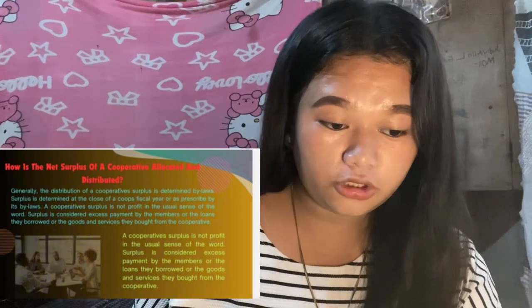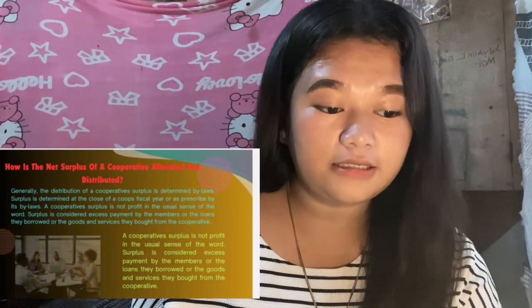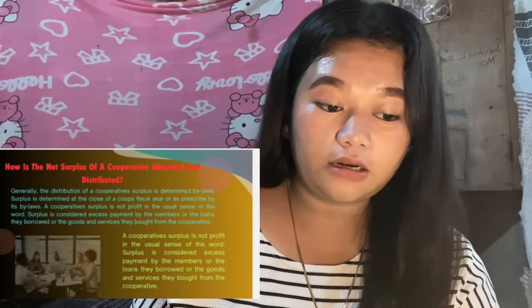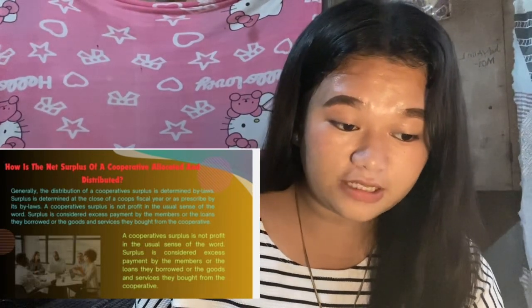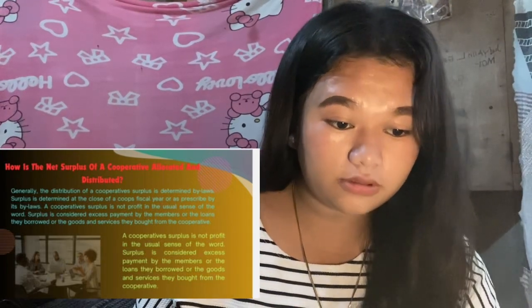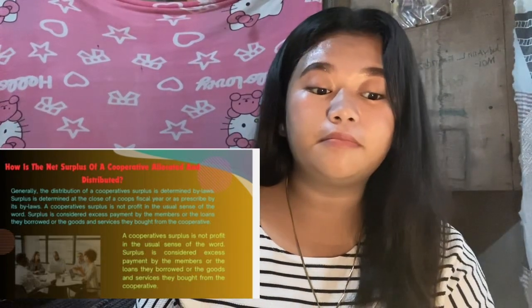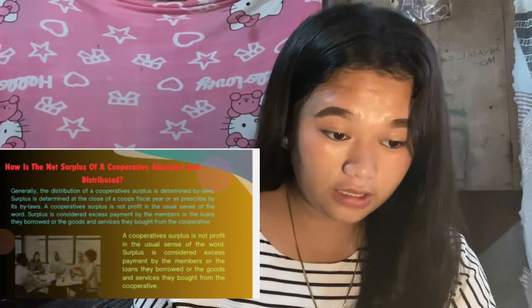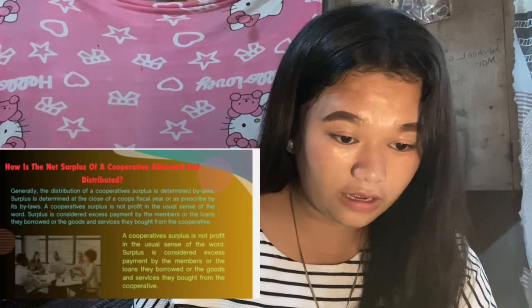Second one is, how is the net surplus of a cooperative allocated and distributed? Generally, the distribution of a cooperative surplus is determined by laws. Surplus is determined at the close of a co-op fiscal year or as prescribed by laws. A cooperative surplus is not profit in the usual sense of the word.